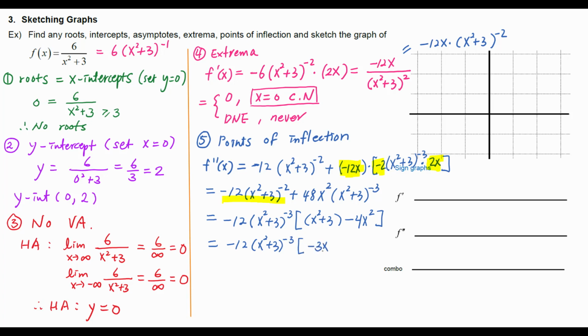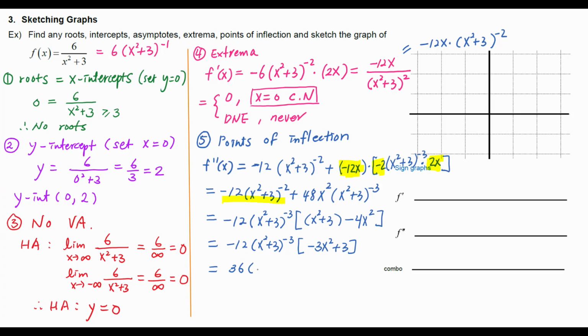And you get negative 3x squared plus 3, which you could also factor out negative 3 in the front. So if you factor out negative 3 in the front from the bracket, negative 3 times negative 12 gives you positive 36, which will leave you x squared minus 1 inside of the bracket.